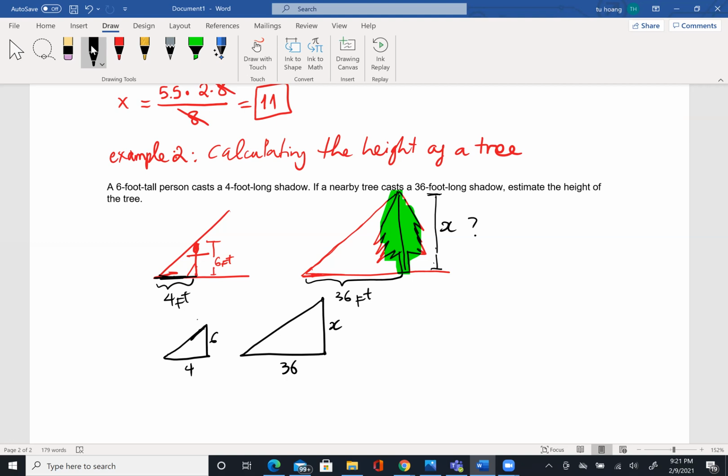And now you can just apply the proportion, from the bottom to the above.